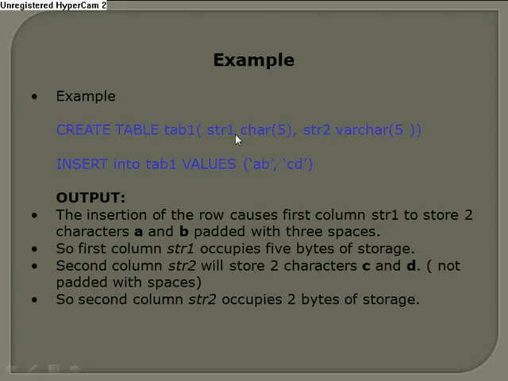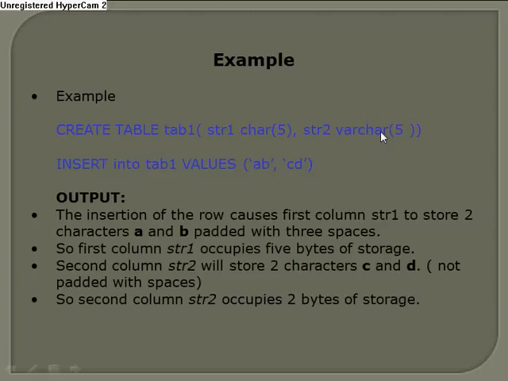Now the difference between str1 and str2 is that the field where ab is stored requires a complete 5 characters, because 2 characters are a and b, and the remaining 3 characters are stored as blanks.